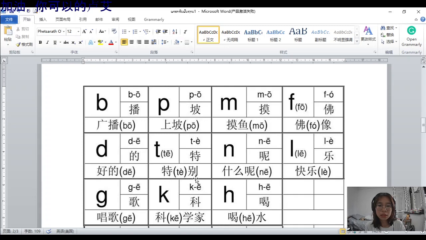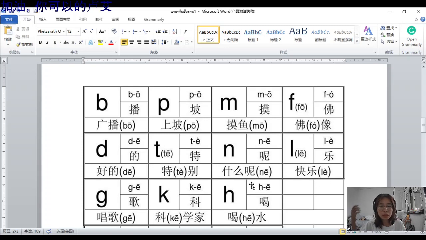This one reads 特别. This one is, how to read this one呢? Oh, 什么呢, what is that? 什么呢, like what. And this one, if you can see the tone, this one is the fourth tone.